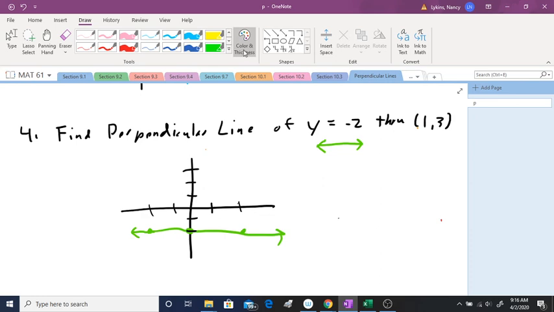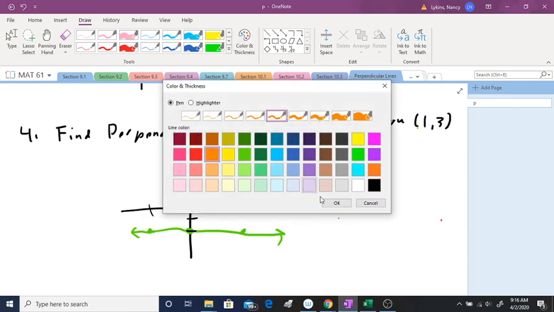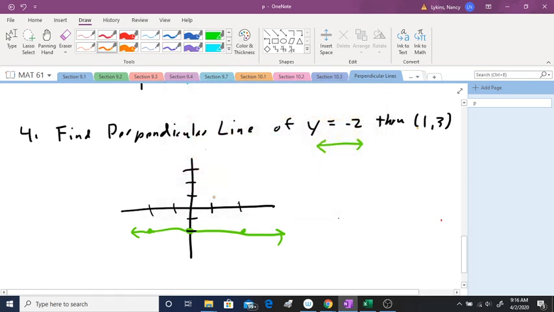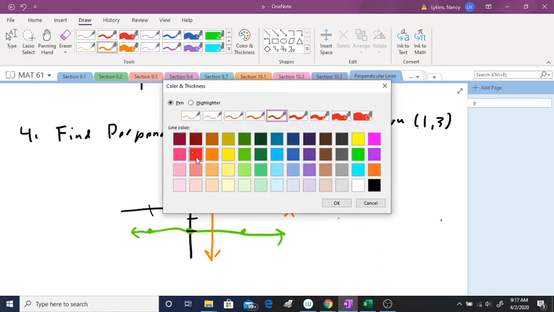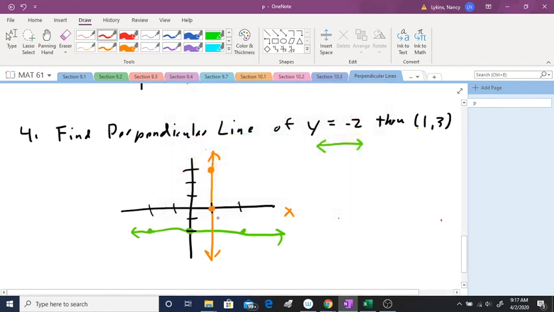Now, (1, 3), I'm going to plot over 1, up 3. And what happens here is you could pick a point maybe right here, go all the way down, and they intersect. Now notice this is the x-axis. It crosses at x equals 1.